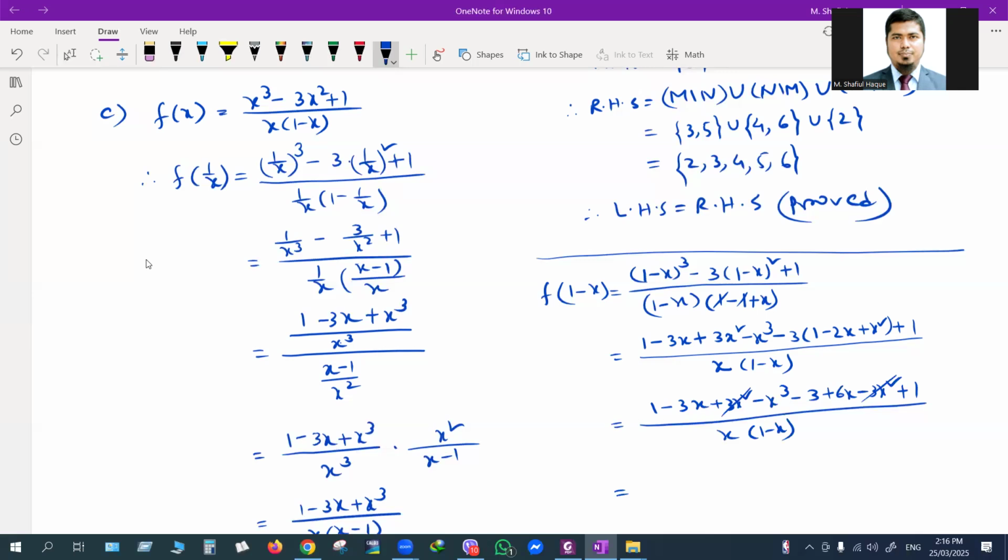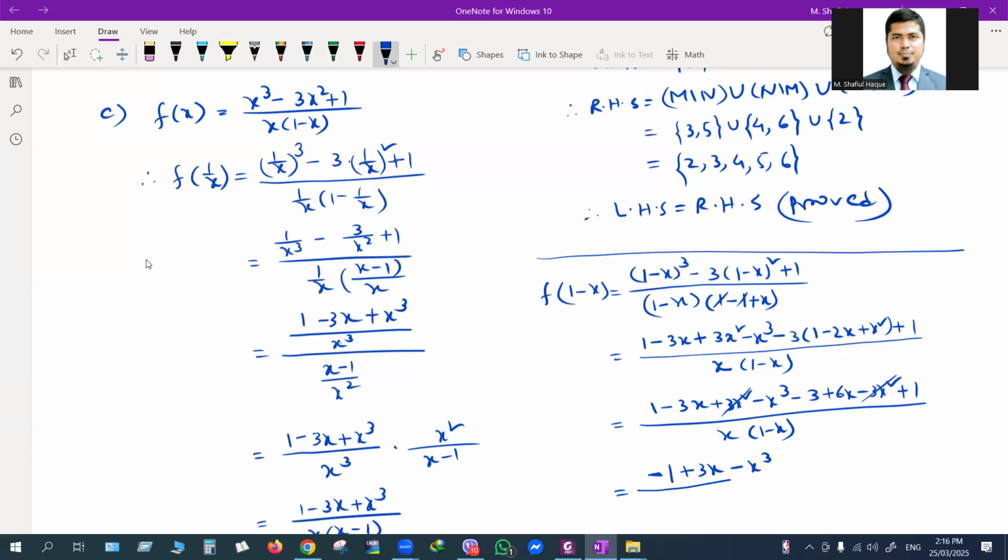We can see there is 1 minus 3 and plus 1, so 1 plus 1 is 2, and there's minus 3, so minus 1. Then minus 3x plus 6x, so plus 3x, then minus x cubed.